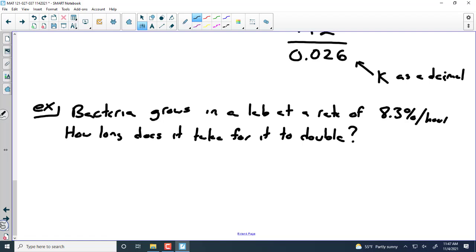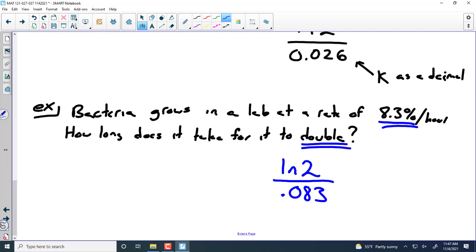We're going to use what we learned on the previous problem. First of all, because this is saying doubling time, we're going to write ln of 2. Because it gives us this right here, I'm going to write 0.083. That's all I need to do for doubling time. I don't need to go through the whole process.